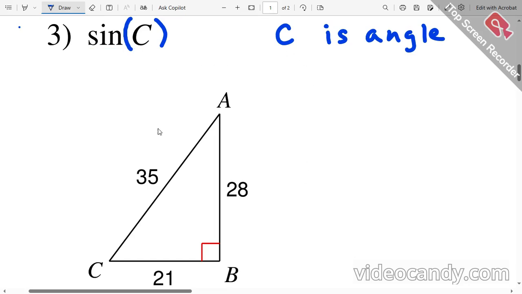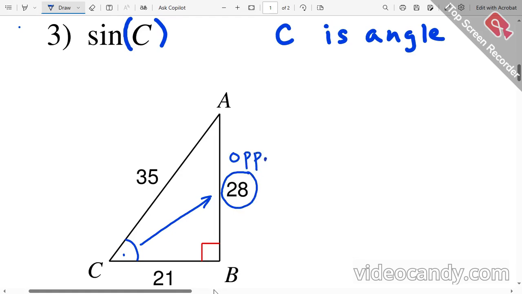So let's go to angle C on the triangle, which is right here. You go angle to side. You go across from angle C, and that side length right there is considered your opposite.